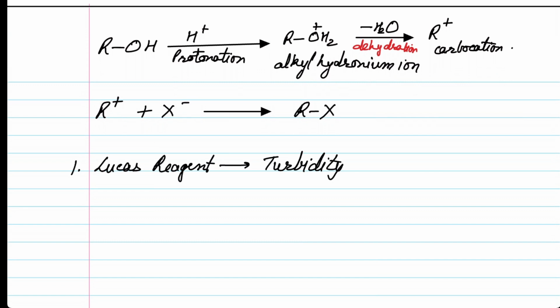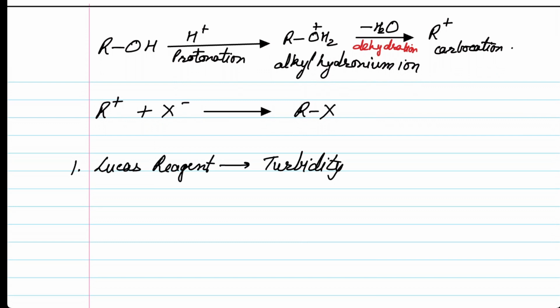The speed with which turbidity is obtained depends on the stability of the intermediate carbocation. The more stable the intermediate carbocation, the less time it takes for the turbidity to appear. We consider the allyl alcohol, benzyl alcohol, or tertiary alcohol. The allyl, benzyl, and tertiary alcohols form allyl, benzyl, and tertiary carbocations.